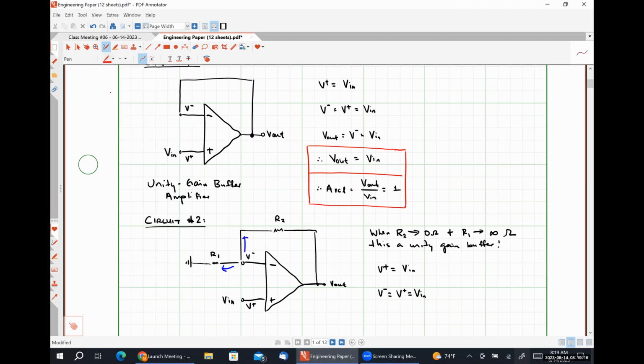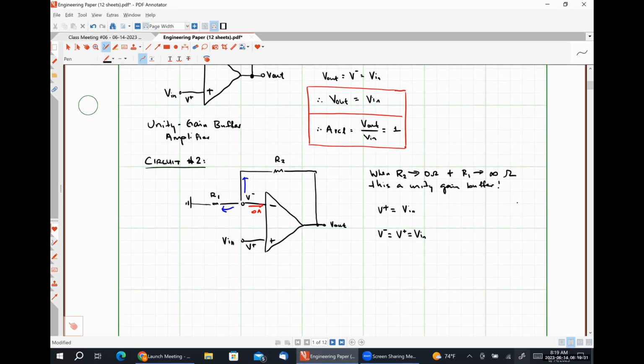I am neglecting this current because we know, according to ideal op-amp rule number 1, that the current flowing into that input node has to be 0. So what I'm going to have is V minus divided by R1 plus V minus minus V out divided by R2 is equal to 0.